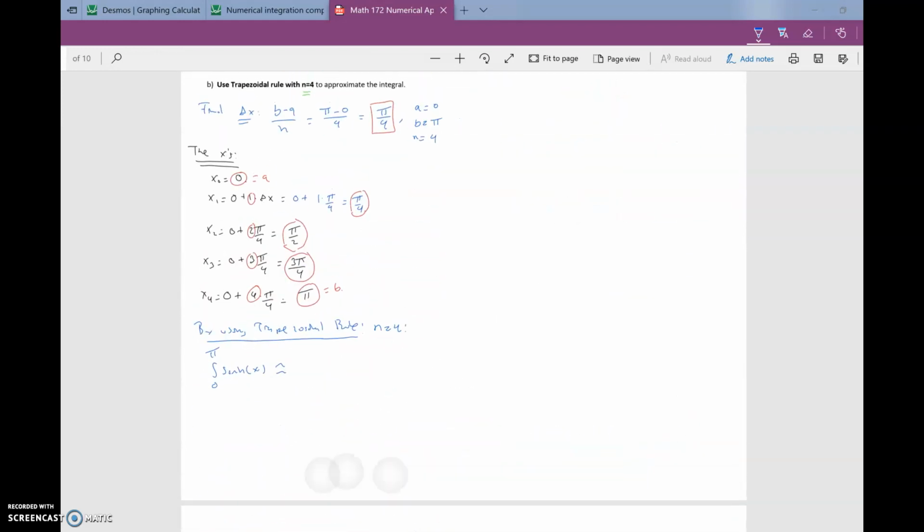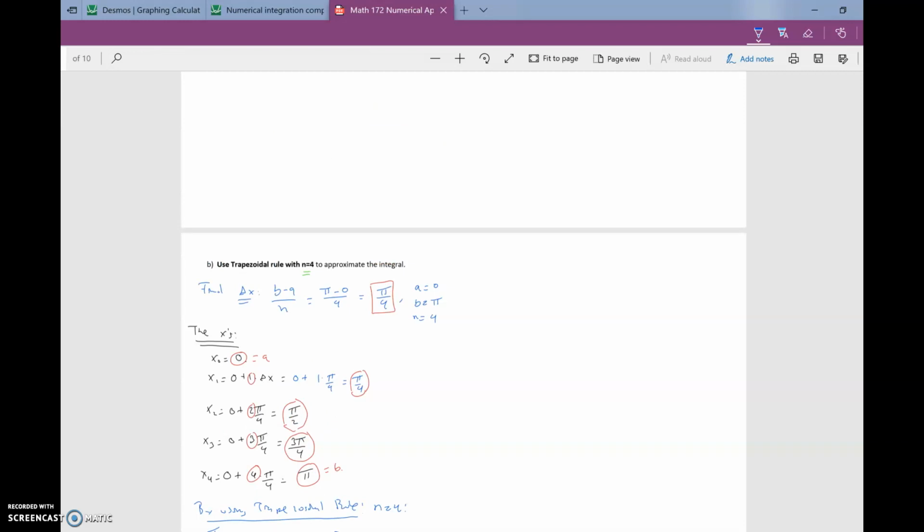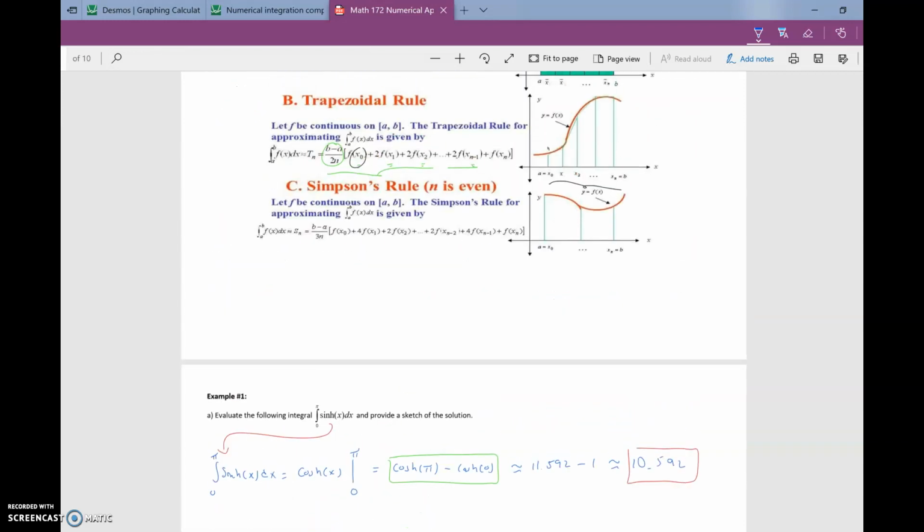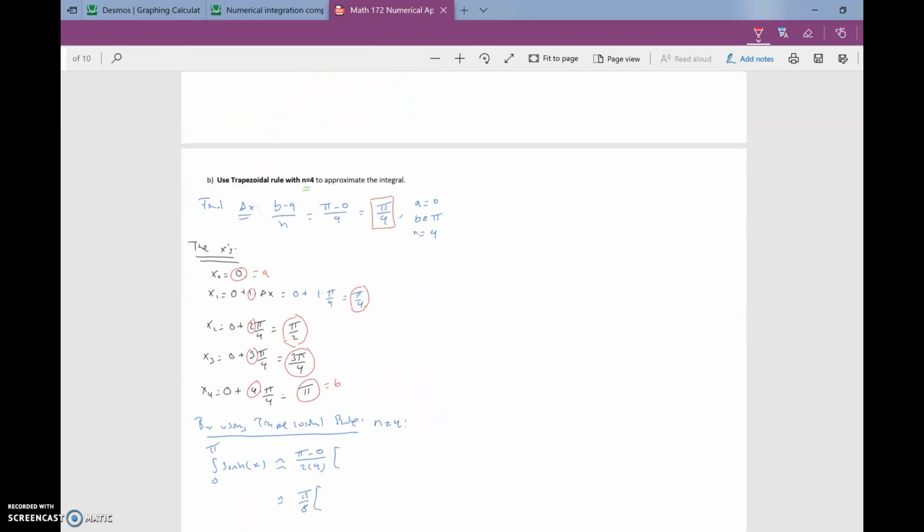So in this case, pi minus 0 divided by 2 times 4, which is just going to be pi over 8. And then trapezoidal rule uses the following formula. It evaluates f of x0 and f of xn. Every one of the ones in between is going to have a factor of 2. So you have to make sure that you don't forget the 2, and I'm talking about all these 2s for all the values in between.